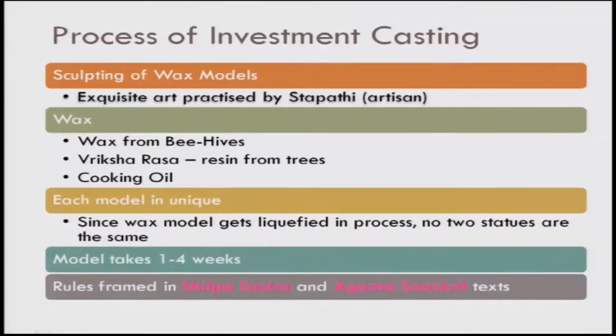These waxes generally come from beehives, or from resin of the tree, or cooking oil that people also use, or a combination of all three, and that clearly indicates it is organic in nature. And each model is unique because it will be done by an artist, not by a machine.